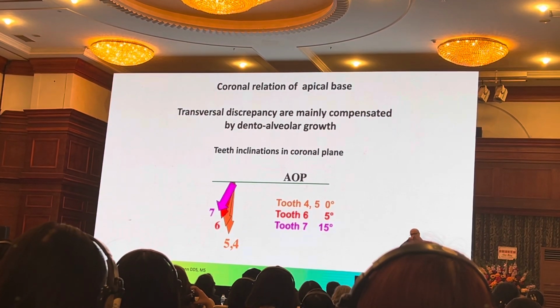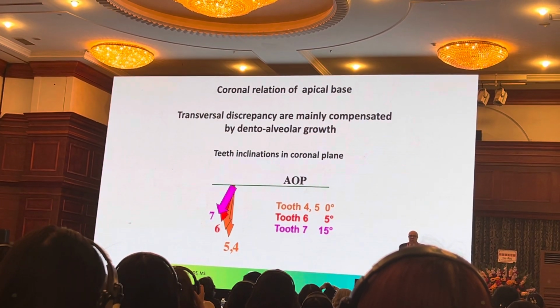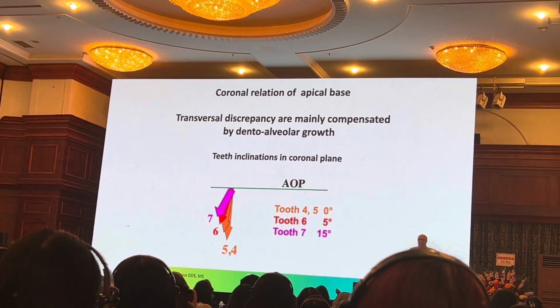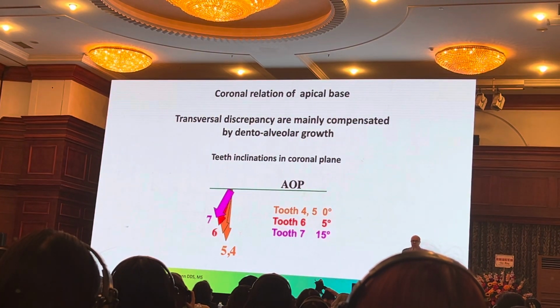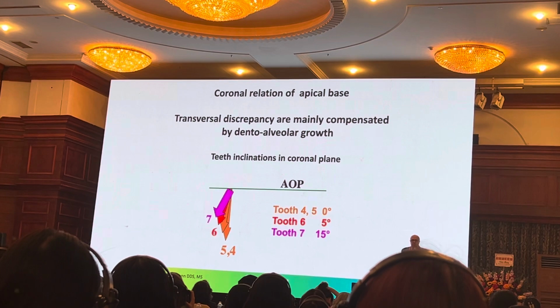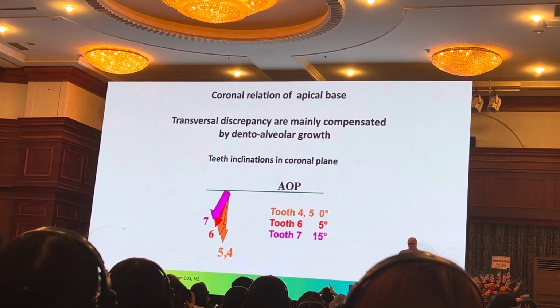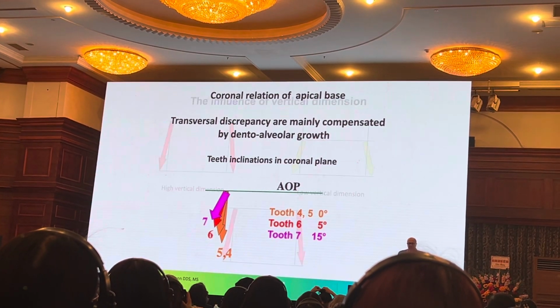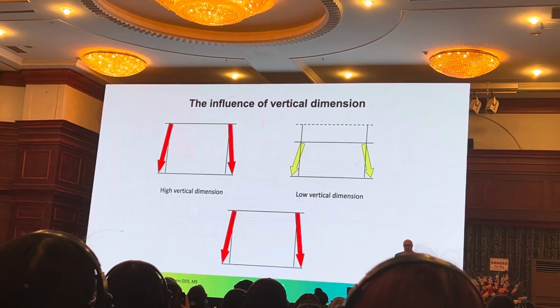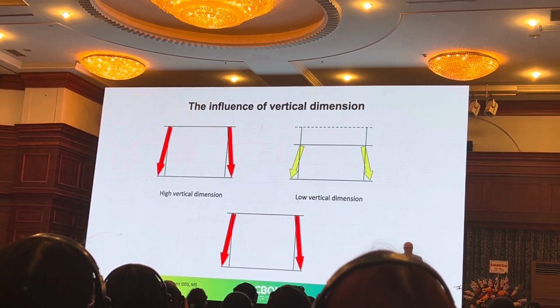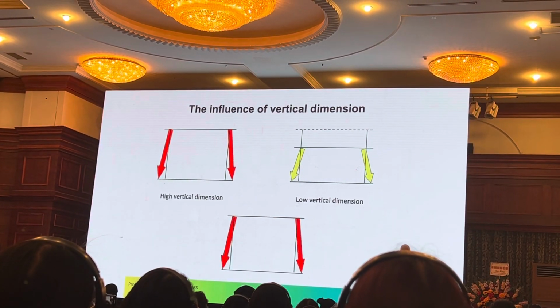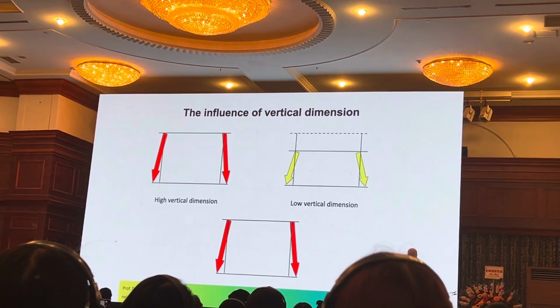Okay? This is important. Why? To distribute the forces, to have the forces in our skull well distributed so that all the bones can adapt nicely. So basically, this is what we have in terms of inclination in a high vertical patient or high angle patient.